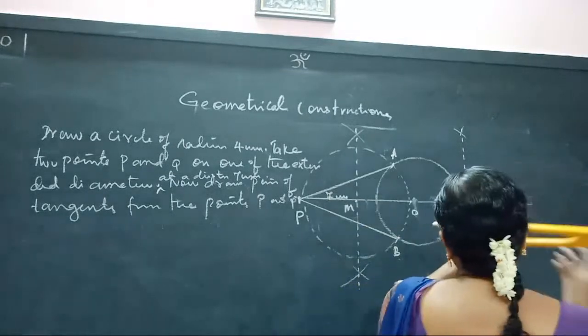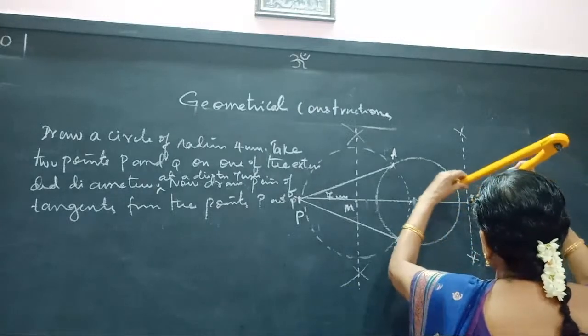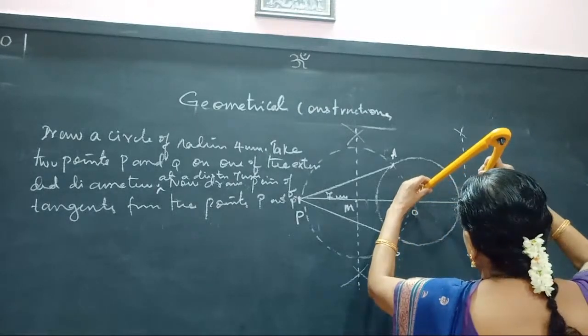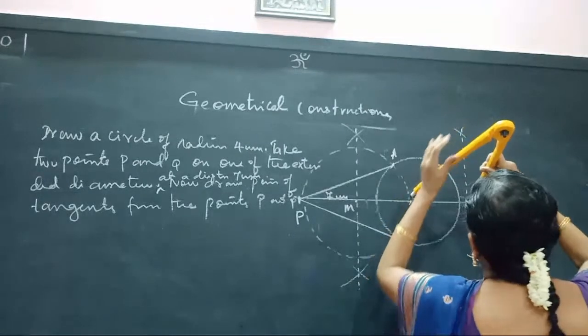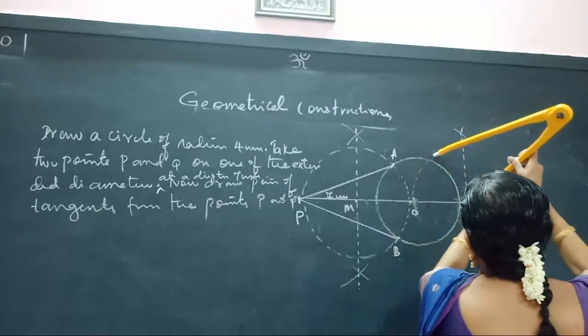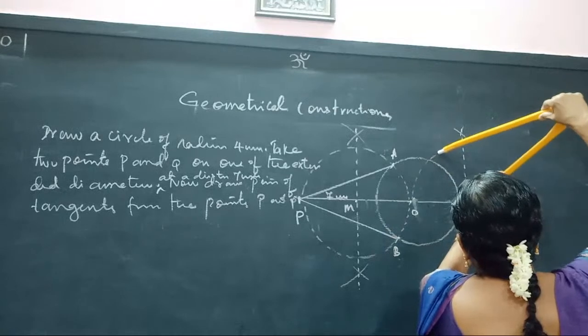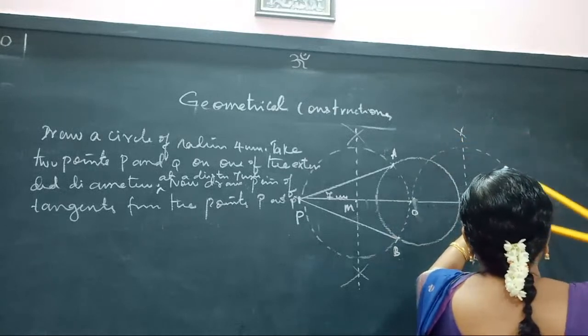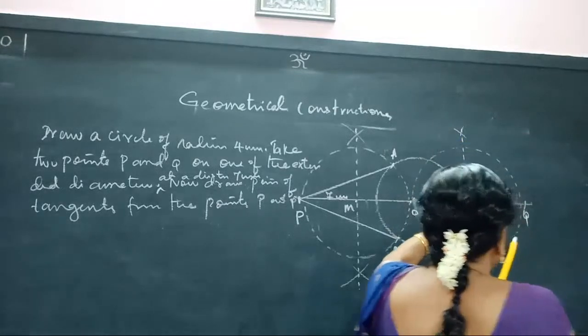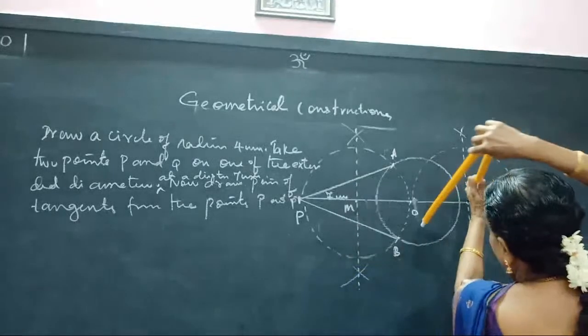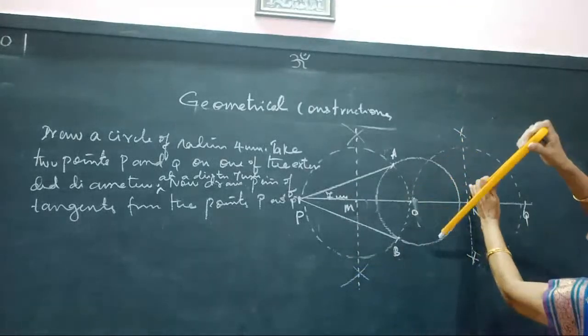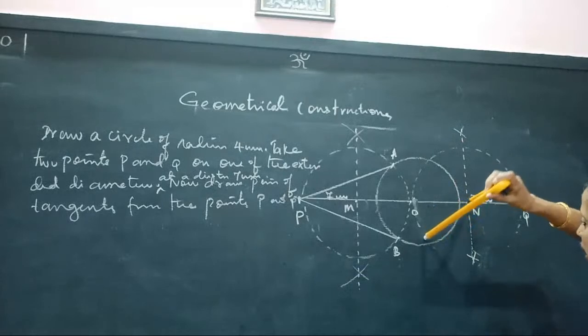You get it accurately in your book, but on the board with this compass I may get a little bit of difference in the distance. And we take the dotted circle so that we can highlight the tangent part.